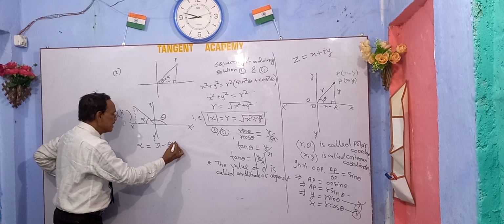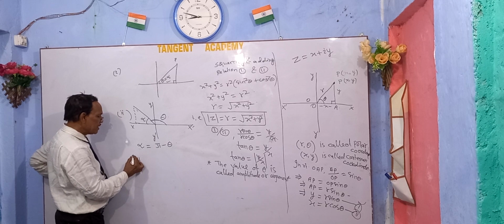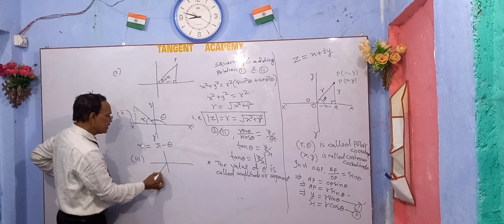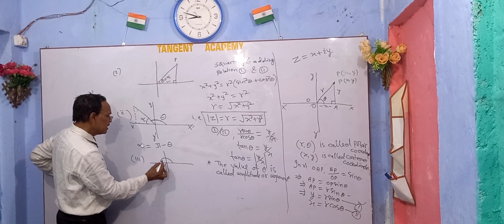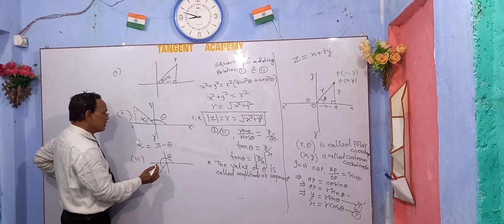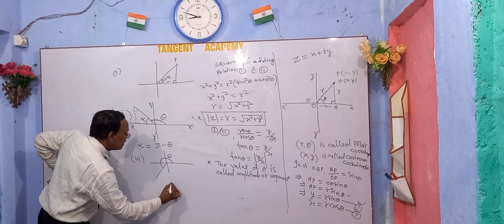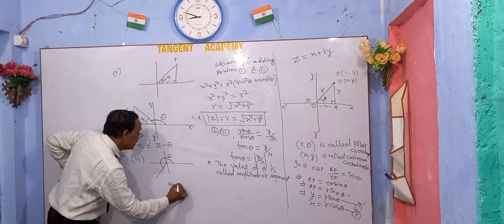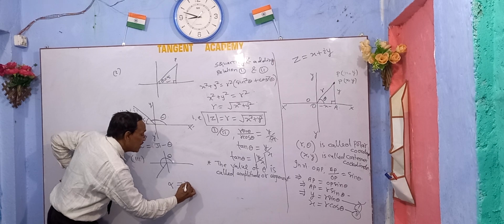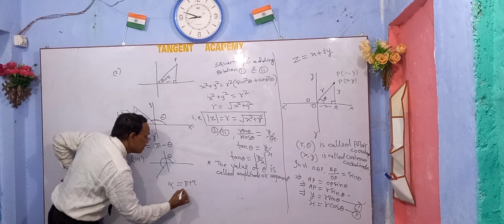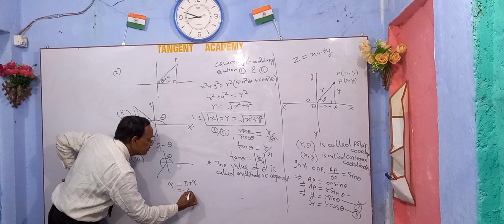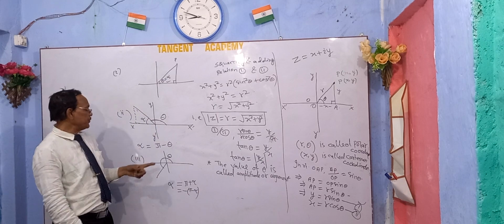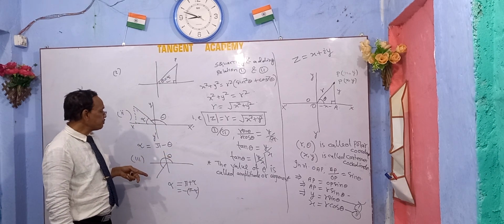Pi minus theta. In the third quadrant, similarly, if you reach the third quadrant, then the argument will be treated as pi plus alpha, or minus pi minus alpha if we take the clockwise direction.